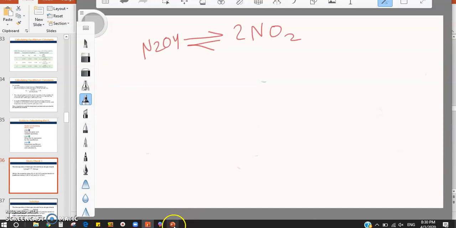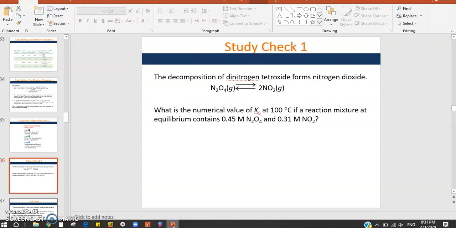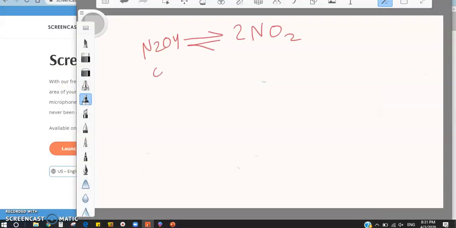AC, and the numbers are 0.45 and 0.31 mole. So this is the concentration.